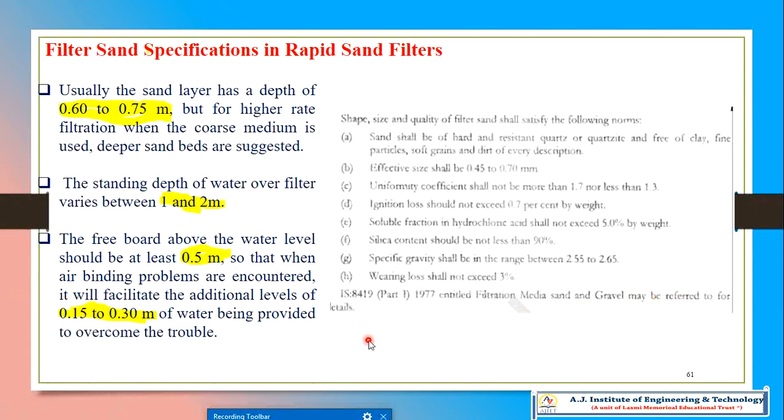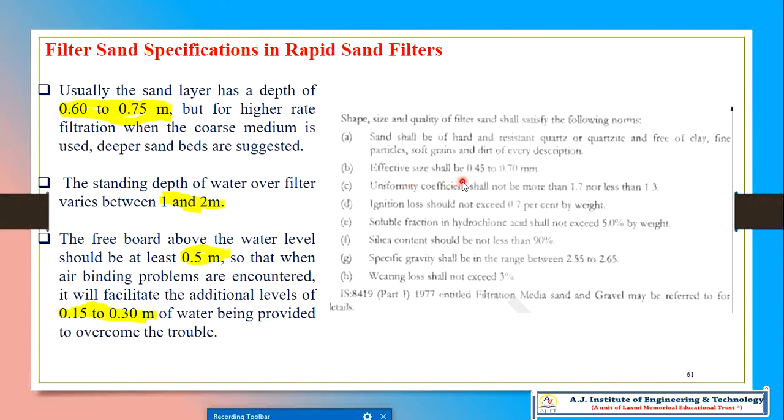That is IS 8419, which covers sand quality, and the size and quality of the filter. The sand shall be hard, resistant quartz, and it should be free from clay.